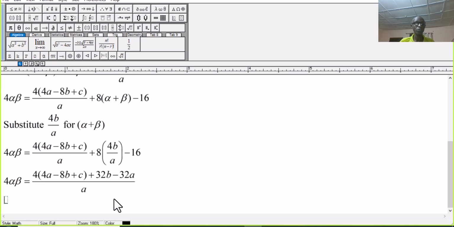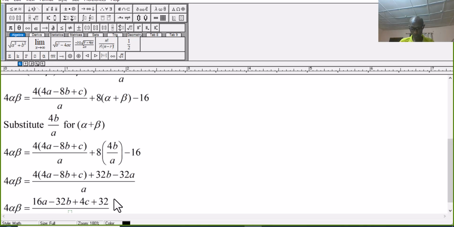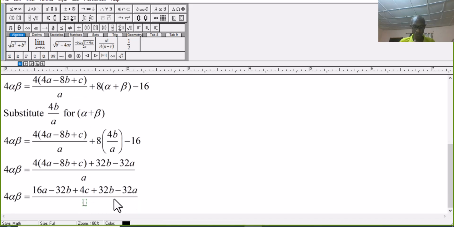So we have 4 alpha beta. I'm putting everything together now. We have 16a minus 32b plus 4c plus 32b minus 32a all over a. So this is what we have.